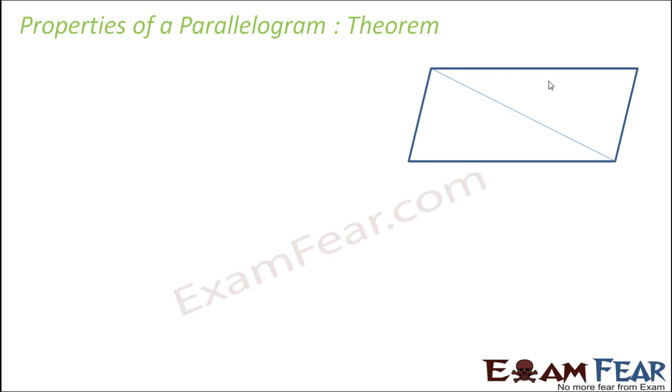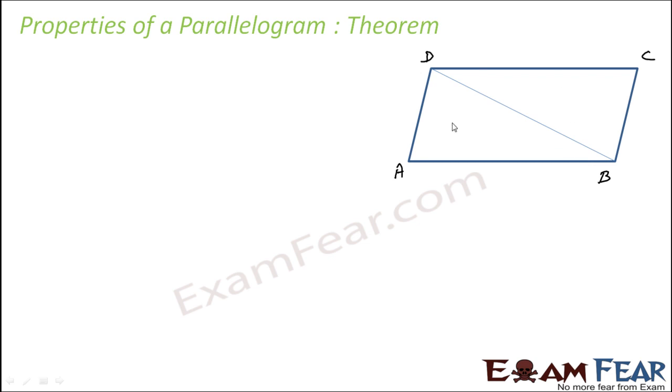And with that, let's try to prove this, because this is a theorem, right? So we have to prove this. So let's take this parallelogram, and let's mark the vertices A, B, C and D, and we have this diagonal here.